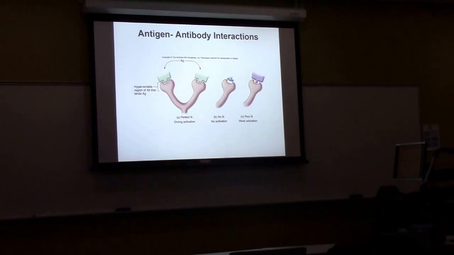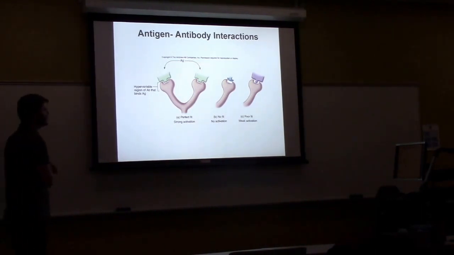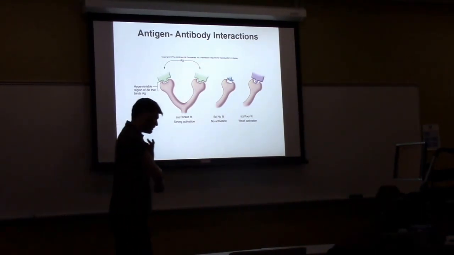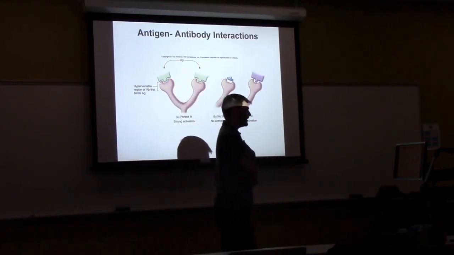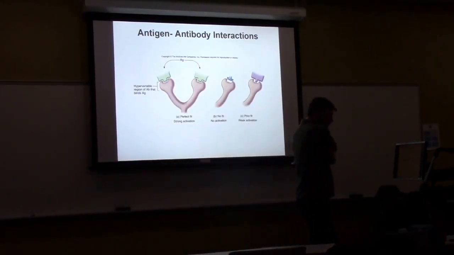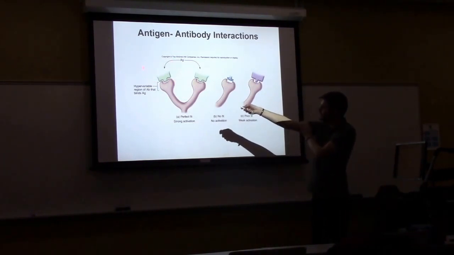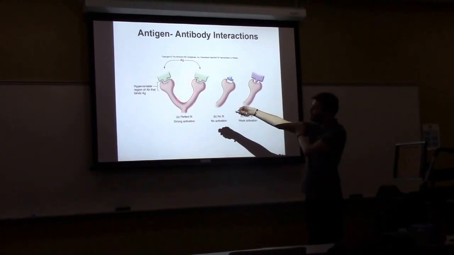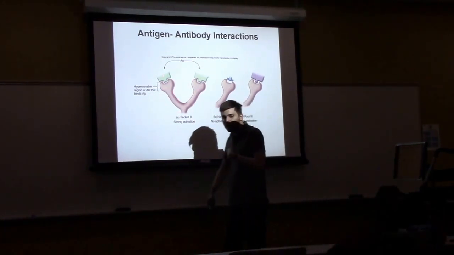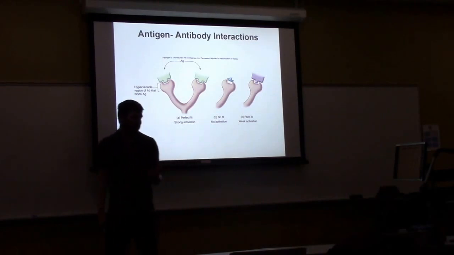How do antibodies actually bind to antigen? Well, it's very similar to like we talked about in Chapter 8 with enzymes and lock and key fit. It's all based on shape and charge. Okay? So here we have an antigen up at the top. It's got this kind of square shape. We have an antibody that is designed to bind to it, and it has a mirrored or corresponding shape to that square.